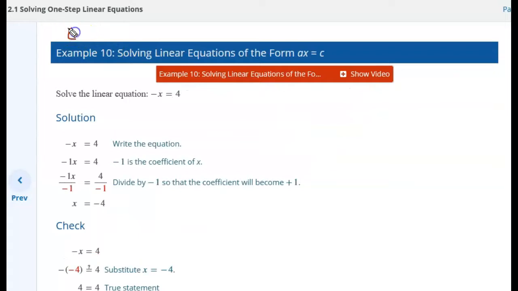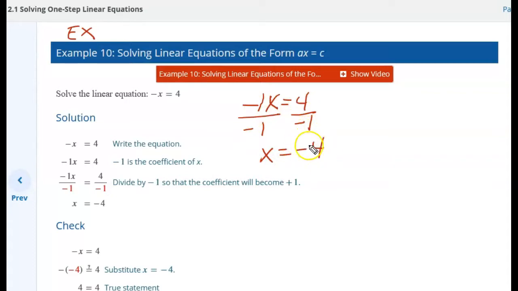Again, example 10, a negative x equals 4. Now there's a shortcut to this that I'll tell you in just a moment, but remember there's a 1 there that we don't write. But if we want this to become a positive x, we can divide this side by a negative 1, this side by a negative 1, then this side becomes a positive x, and this side becomes a negative 4.